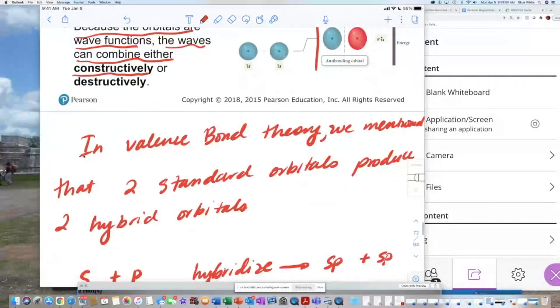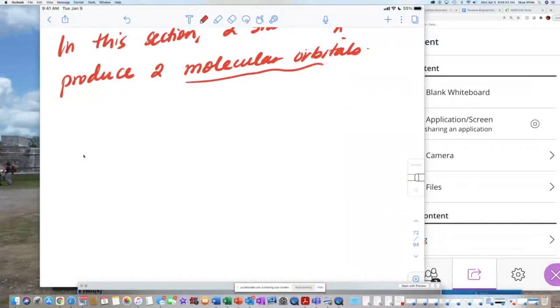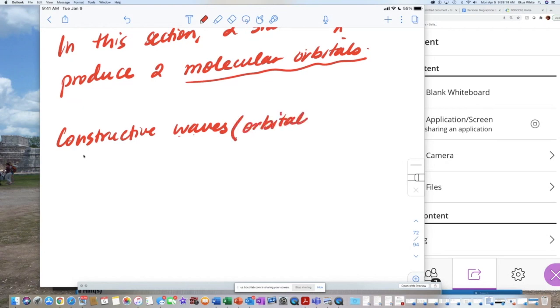So what I mean by that is, in showing the molecular orbitals, I'm going to show you how the waves look. These are waves that are in sync, or they're constructive waves. So, constructive waves. Okay, so remember, the waves here we're referring to are the orbitals. Orbitals are technically waves.